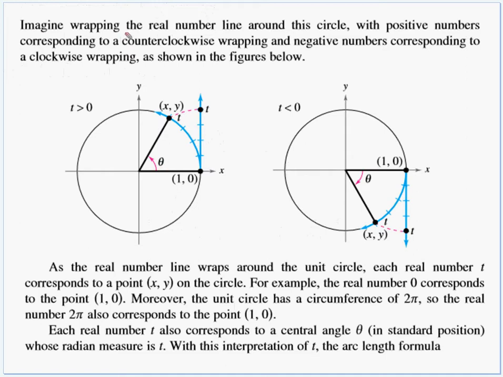Now it says, imagine we wrap the real number line around the circle. Positive numbers go counterclockwise, negative numbers go clockwise, and we've seen that when we did our angles. If we went clockwise, we had a negative angle. So here in the picture, this straight up blue line is the number line, and what we're going to do is bend that and wrap it around the circle.